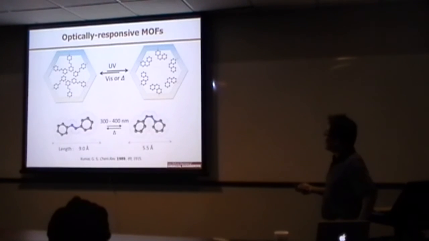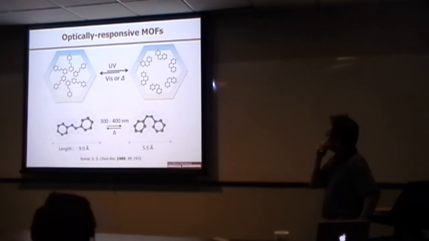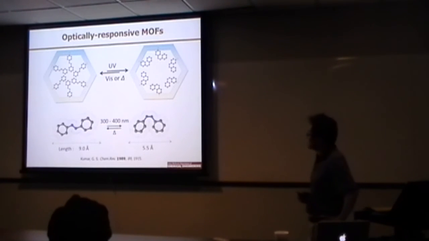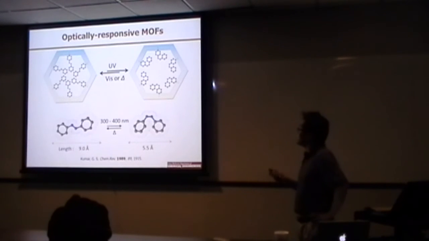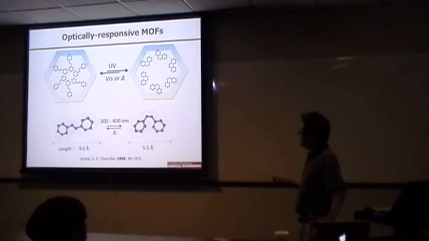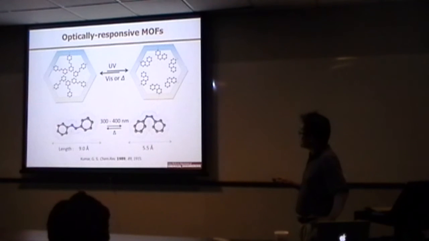And then the other stimulus responsive MOFs that Professor Su's group has been working on are optically responsive MOFs. So the idea is you have this functional group where, depending on the stimulus, in this case UV, if you apply UV, then trans becomes cis.